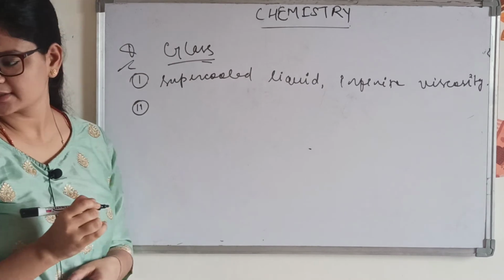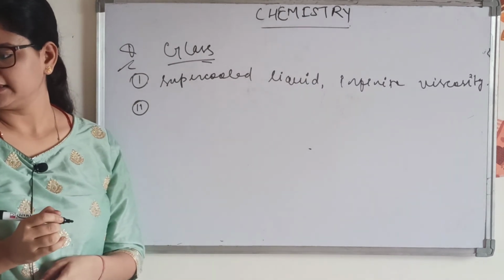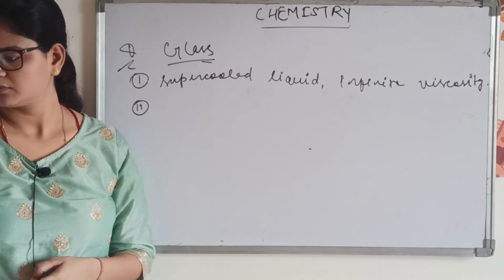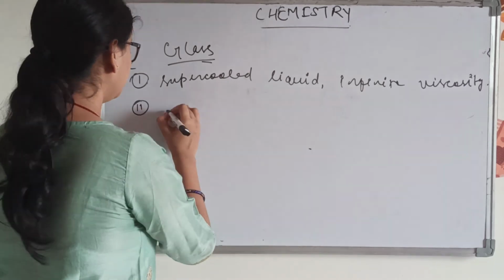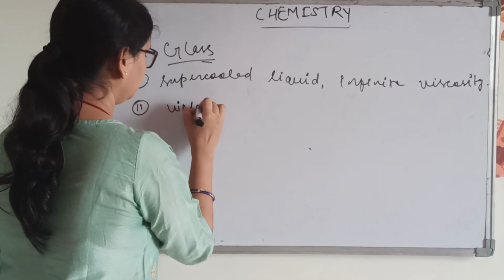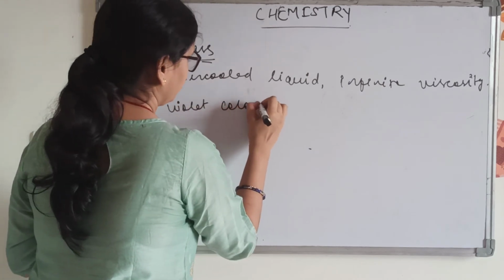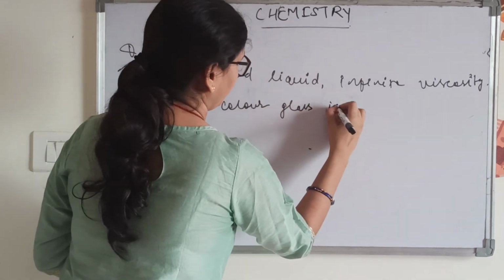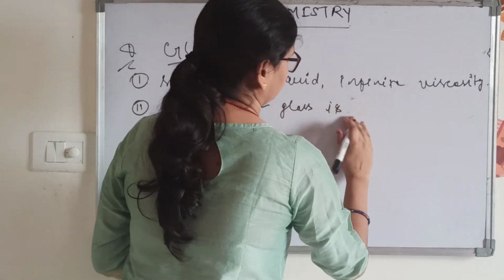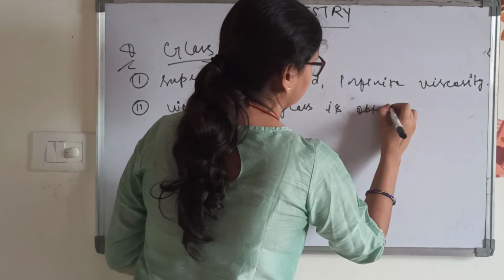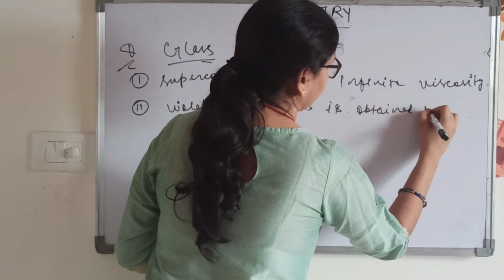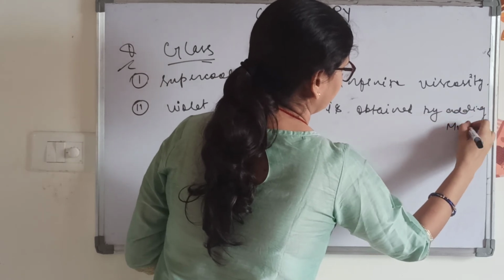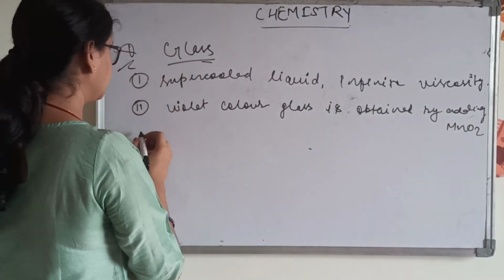The second option is, violet color glass is obtained by adding MnO2, manganese dioxide.